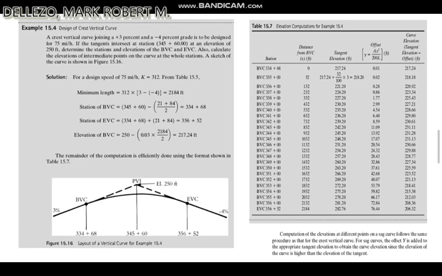Then the station of EVC equals 334 plus 68 plus open parenthesis 21 plus 84 close parenthesis, equals 356 plus 52.